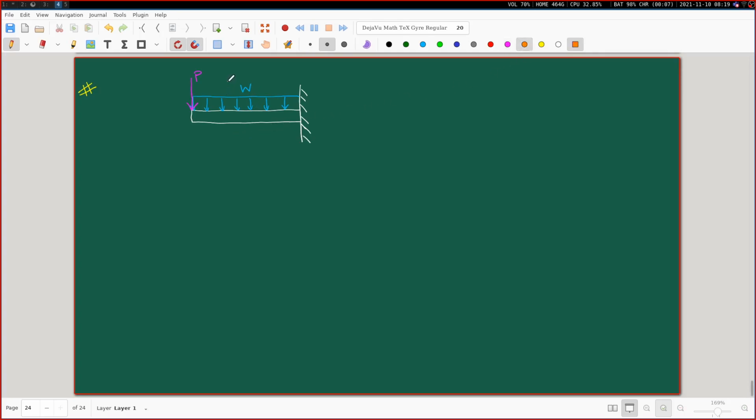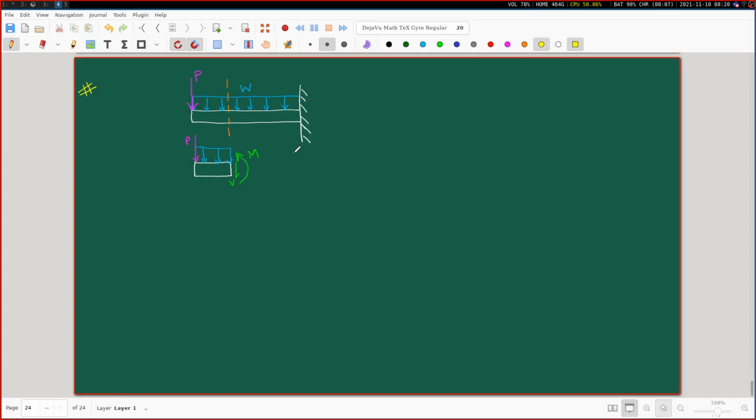So usual process. We take a cut section, we consider the free body diagram of this left part. This is M, this is V as usual.